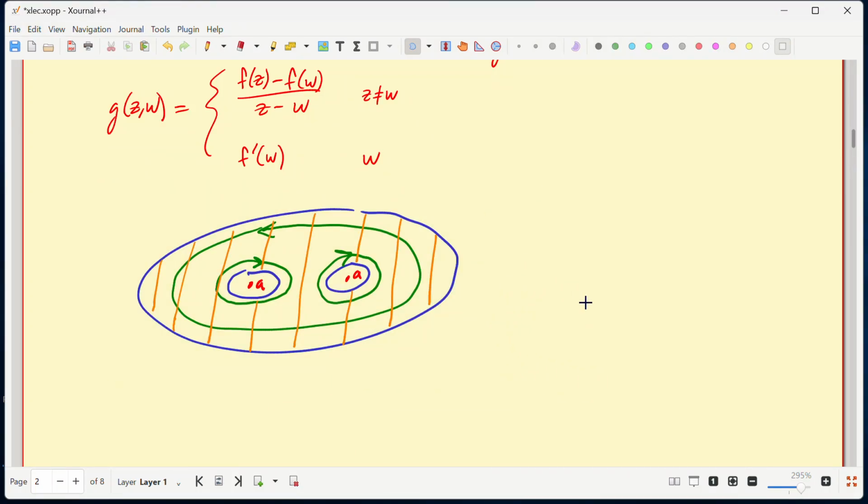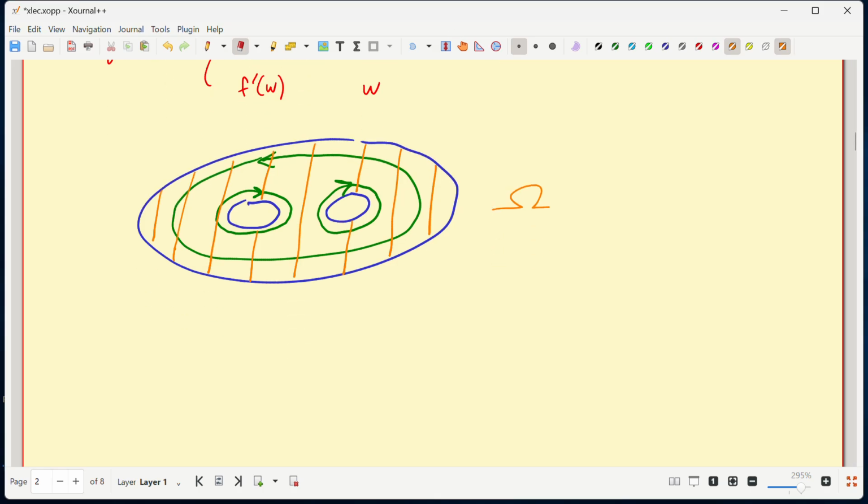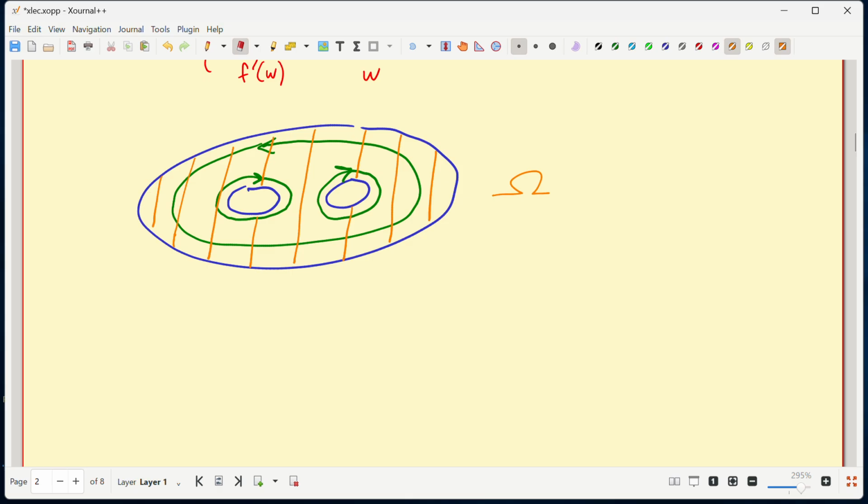Okay, so let's see. That's my shaded region there, omega. And think about what my h of z is going to be outside of omega. And so when I write down my h of z is equal to, let's have a z out here maybe.